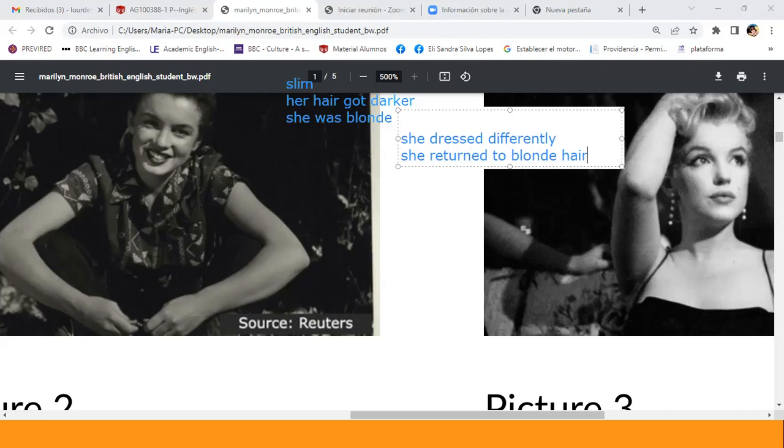Okay, any other difference? Her expression looks more professional in the last one. Okay, can you explain that a little bit more, Javier?